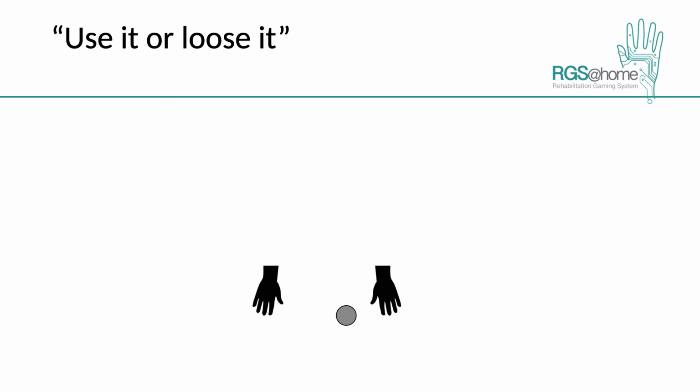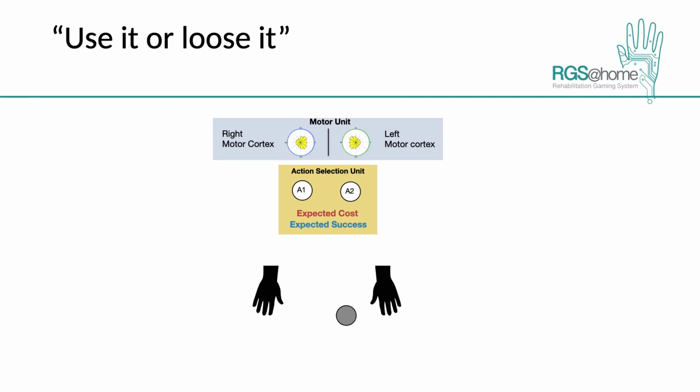In this model, it's a functional model that simulates reaching movements towards a target. It is divided in two units, a motor unit and an action selection unit. The motor unit is composed of a pool of neurons that are sensitive to specific angle directions, so we could say that they fire more when the target appears at specific directions.